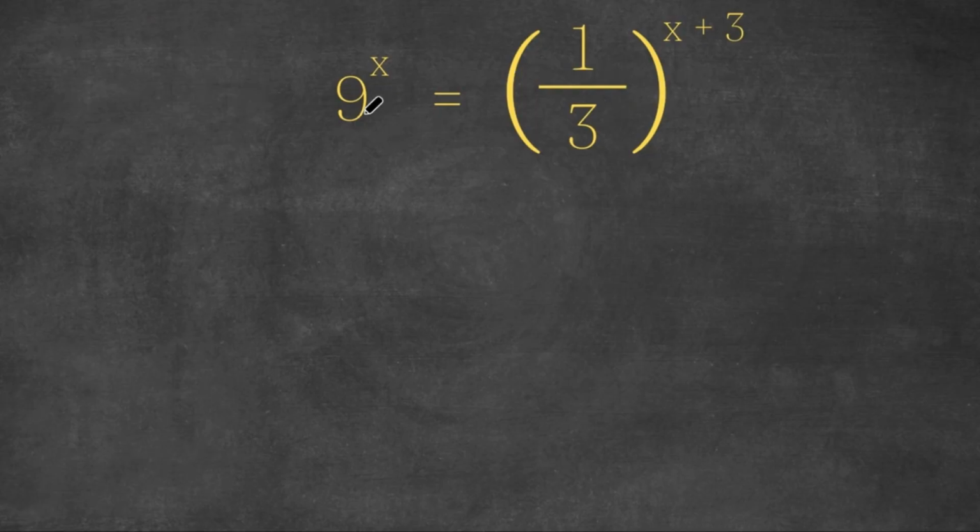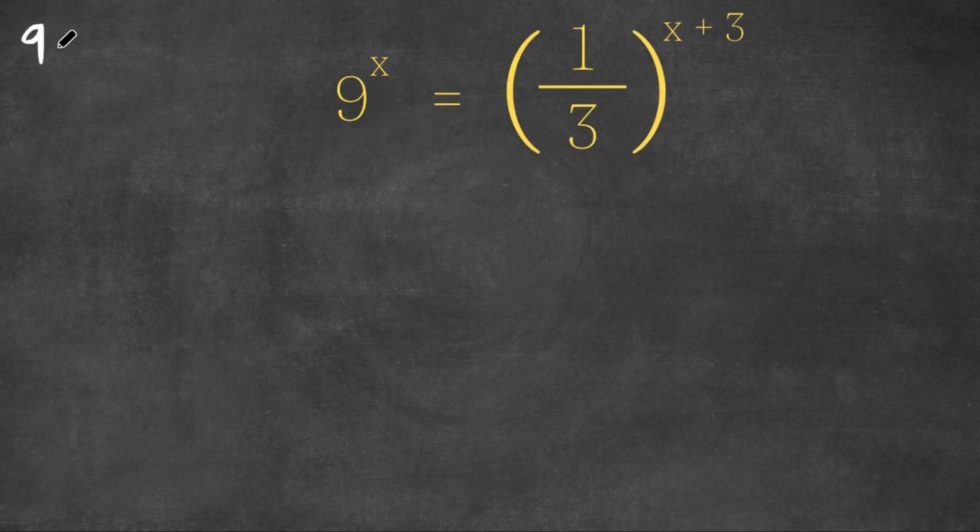Now, whenever we're solving exponential equations such as these ones, we always want to make the bases of the two terms the same. And right now, the bases are 9 and 1/3, which are nowhere near similar. So I'm going to change both of these bases to a common base, which is 3.